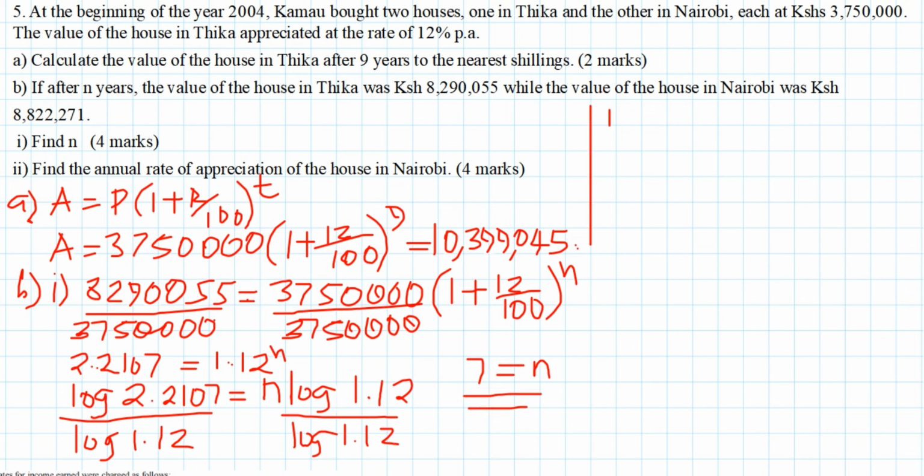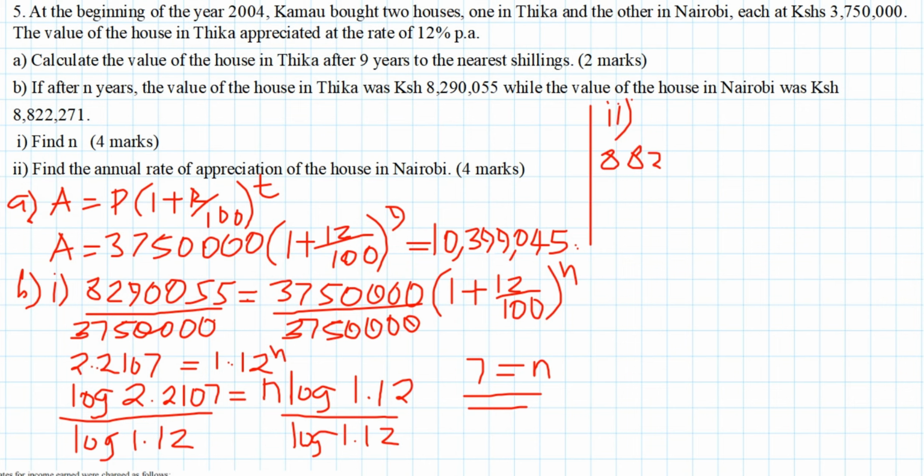So then, in part Roman 2, we are told to find the annual rate of appreciation for the house in Nairobi. So for the house in Nairobi, the amount that it amounted to was 8,822,271.